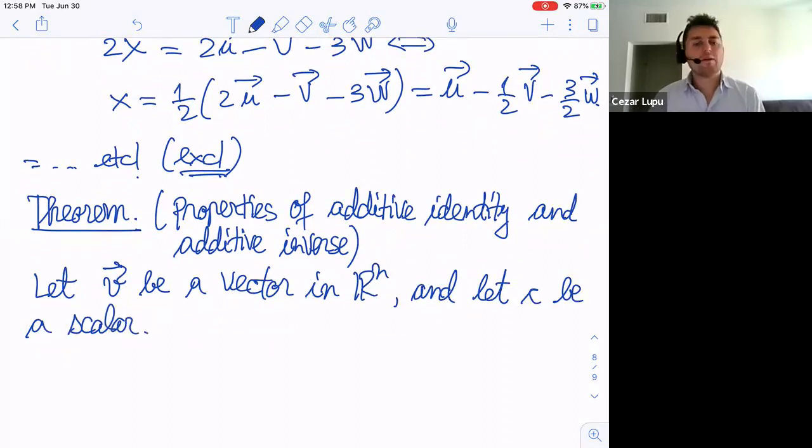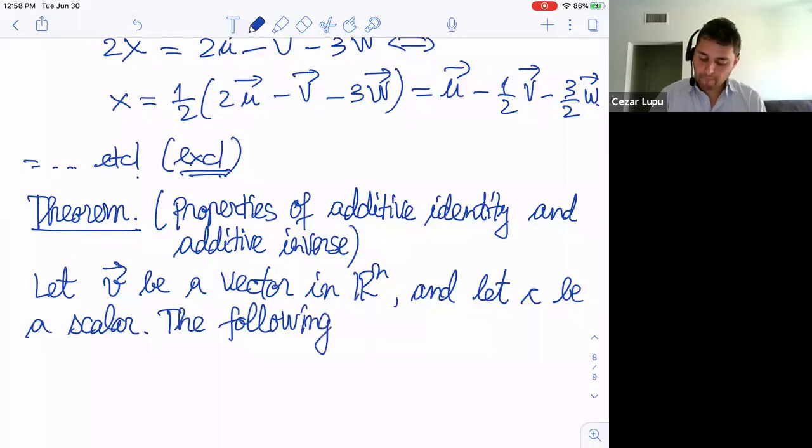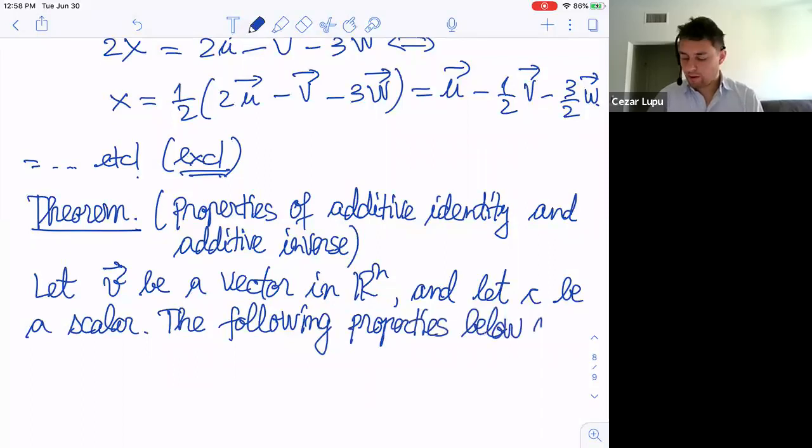So we have a vector and we also have a scalar. Now we want to see what kind of properties we have. The following properties below are true.